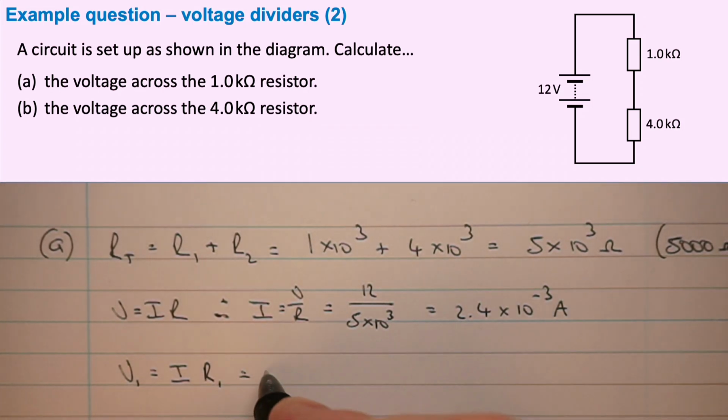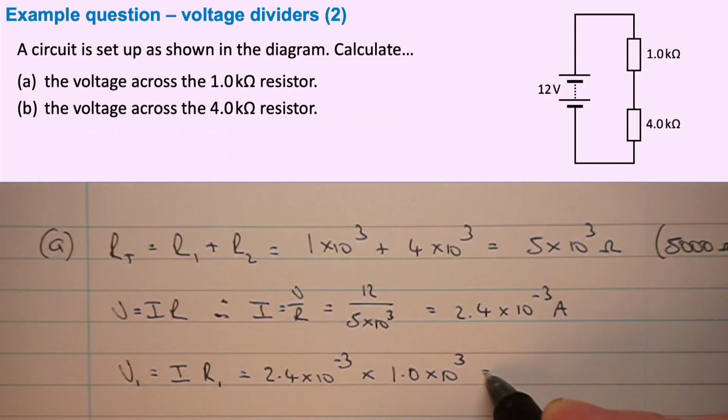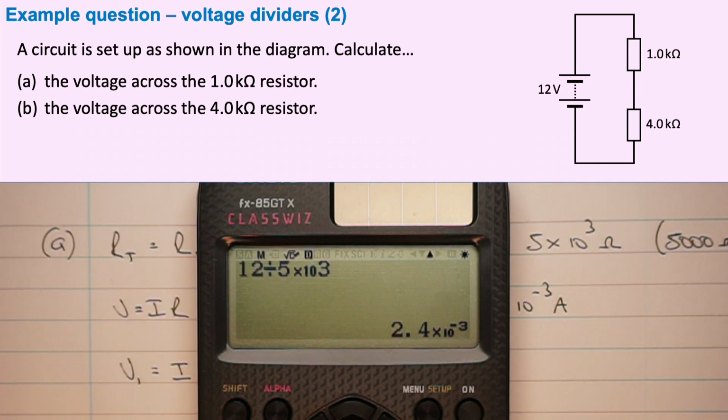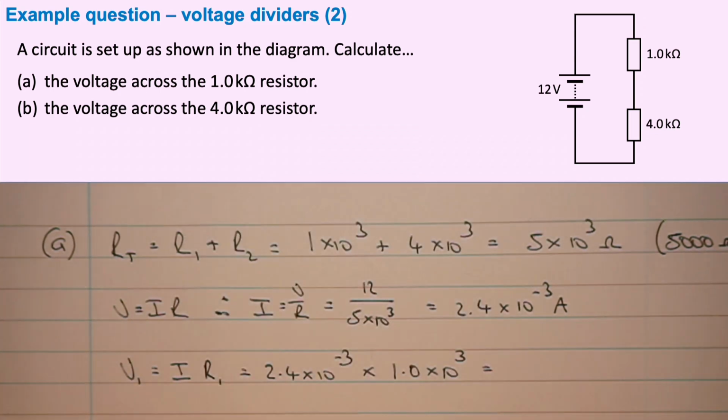That would give this current 2.4 times 10 to the negative 3 times, well, 1k is 1.0 times 10 to the power of 3. That gives the following: 2.4 times 10 to the negative 3 times 1 times 10 to the power of 3. 12 over 5 is 2.4 volts.